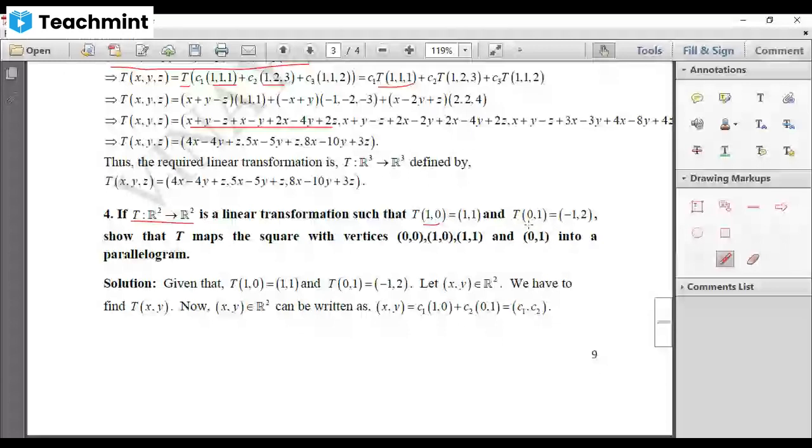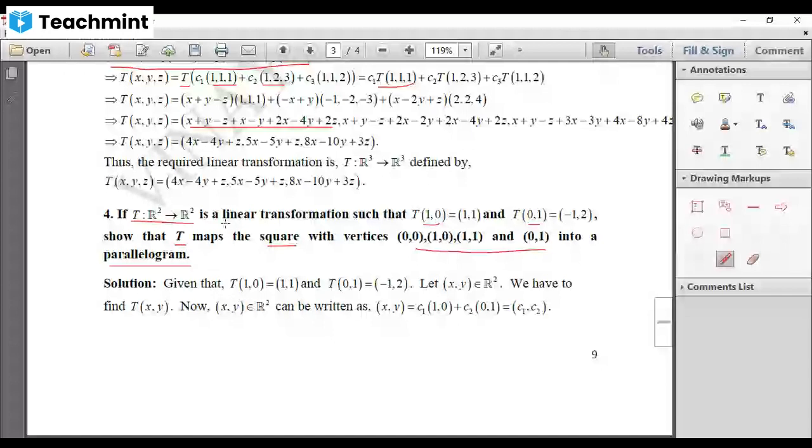So they had given image of two elements. Then we have to show that this mapping maps the square. Suppose if you take square with vertices 0, 0, 1, 0, 1, 1 and 0, 1, then image of that square will be a parallelogram under this T. That is what we have to show.